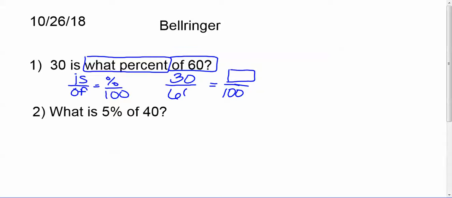That tells you it's the entire amount. So you have a proportion with one missing piece. You're going to look for the connection from the completed side to the incomplete side, and 60 doesn't go into 100, so I need to simplify. You take the GCF, the greatest common factor, which is 30. 30 divided by 30 is 1, and 60 divided by 30 is 2.